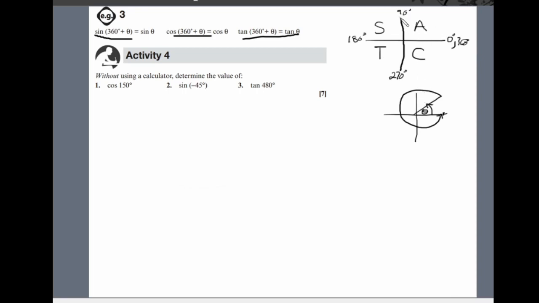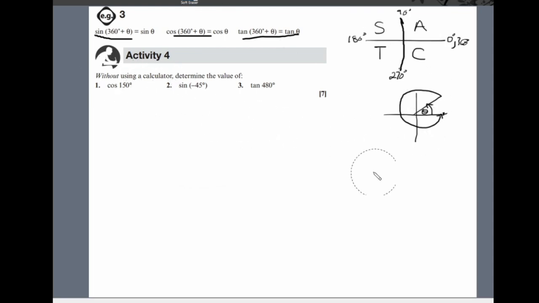And when you are using 90 and 270, you will be referring to the cofunctions. So if you say cos of 90 plus theta, that will change to minus sine theta, because cos and sine are cofunctions, right? But we'll talk more about those.